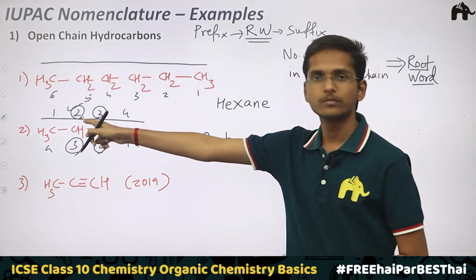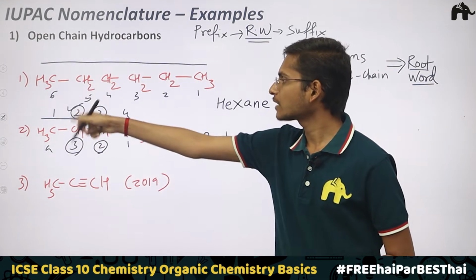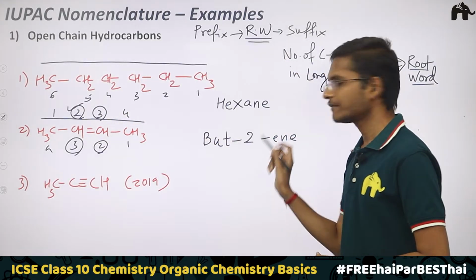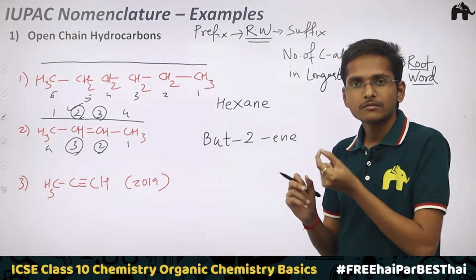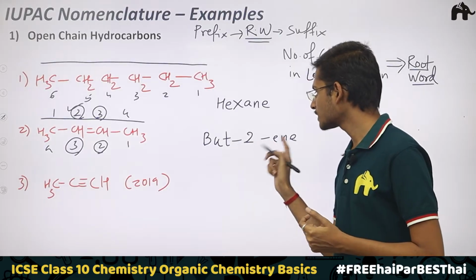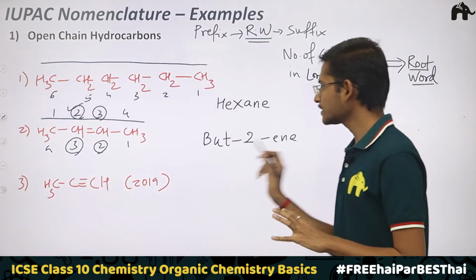It is 2, because it is between the second and third carbon atom, and we always take the lower carbon atom number. So the position of the double bond is 2. And whenever we write the number, I have told you, we keep a hyphen between the number and the words. So the name is but-2-ene. Clear with this part?